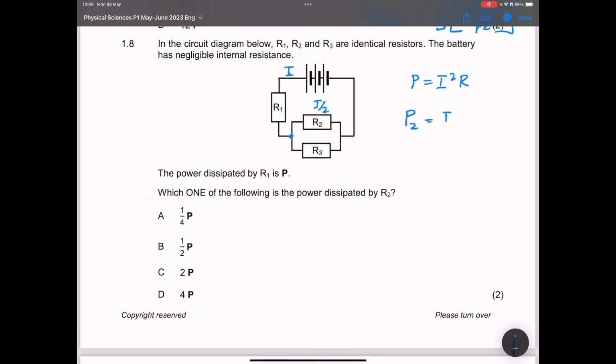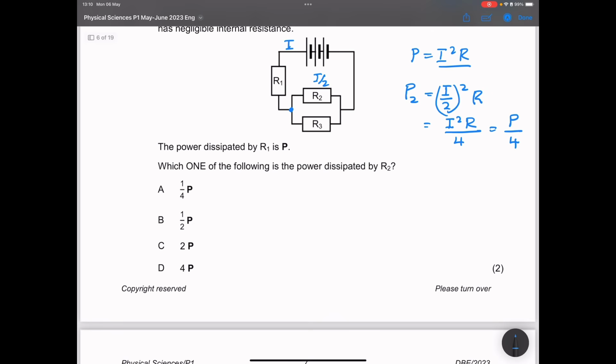P2 will be I over 2, remember this is squared, multiplied by R. Remember that the resistance remains the same, isn't it? So I've got now I squared R over 4. Okay, so can you see that P2 is actually, remember P was I squared R, so that would be 1 over 4 times P. So that is going to be A, ladies and gents.